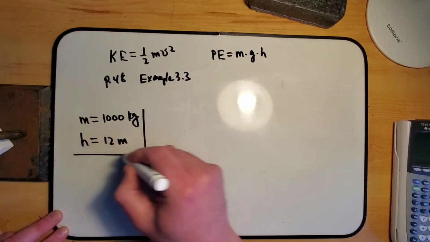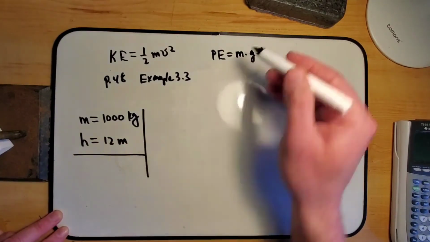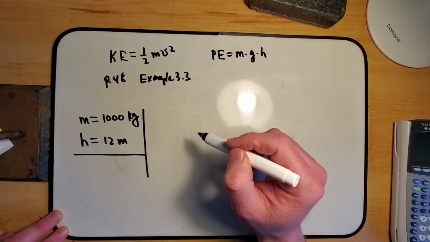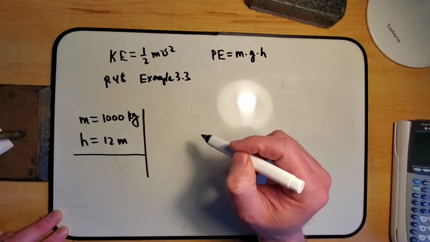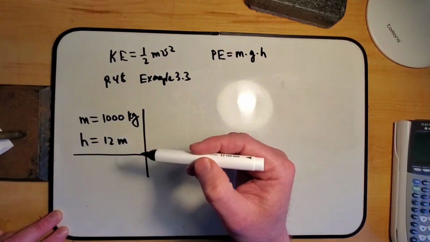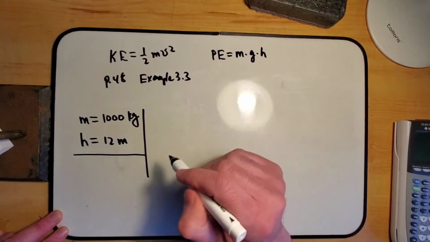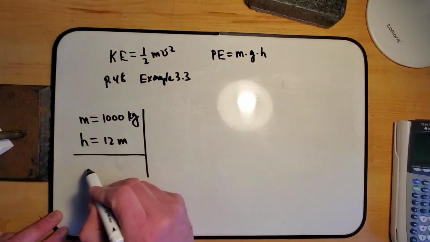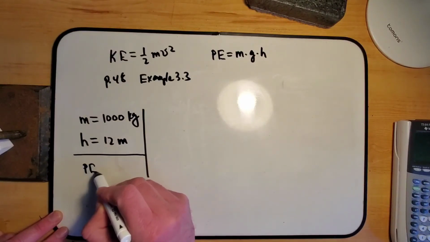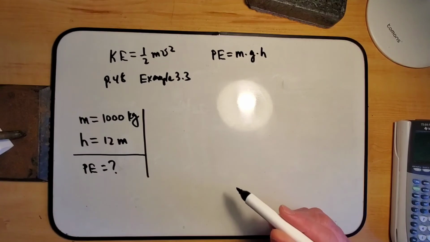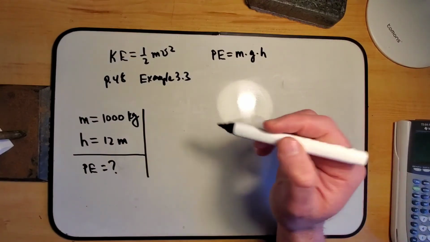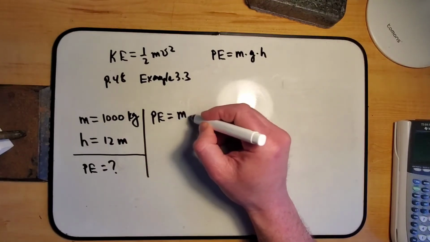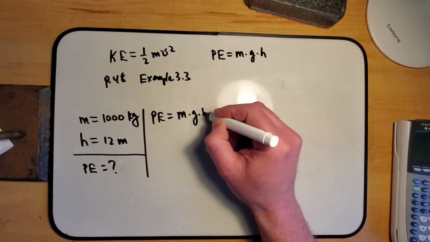And so now I know that I have to find the potential energy because my terms are matching, of course, with this. And I want to find out the potential energy that the system will gain when it is elevated against the force of gravity 12 meters from the ground. So my potential energy here, question mark. So how to solve this problem? Well, we know that the formula for the potential energy is equal to the mass times g times h.